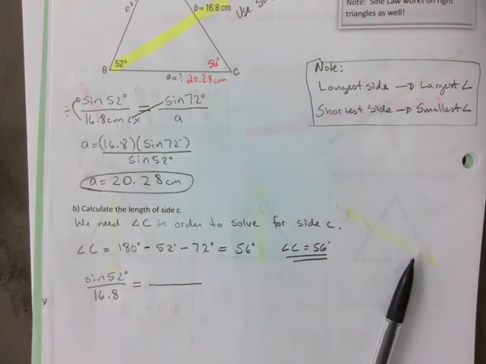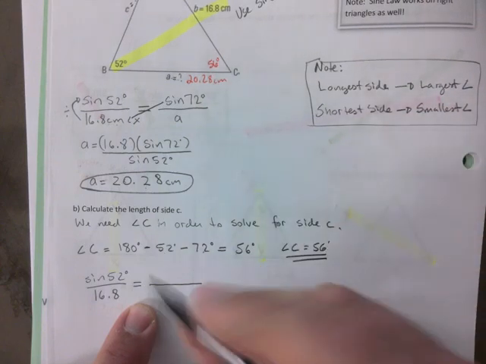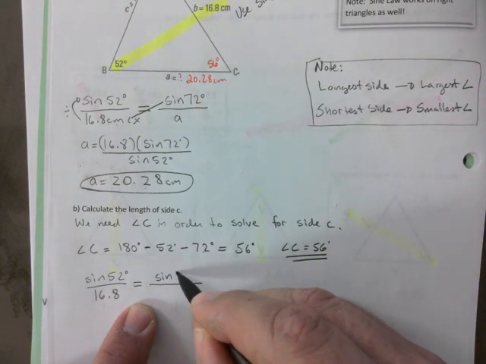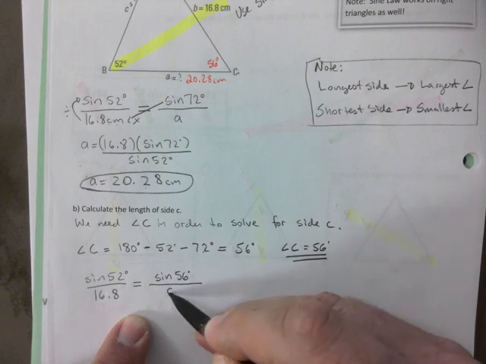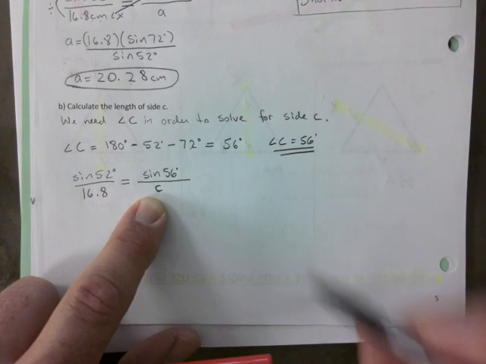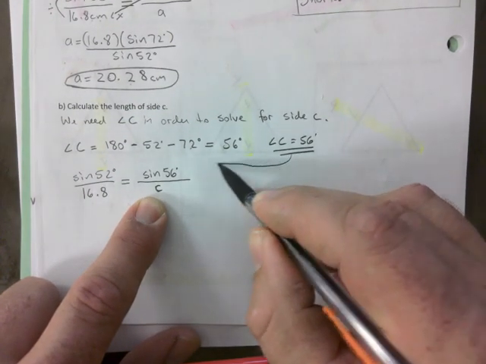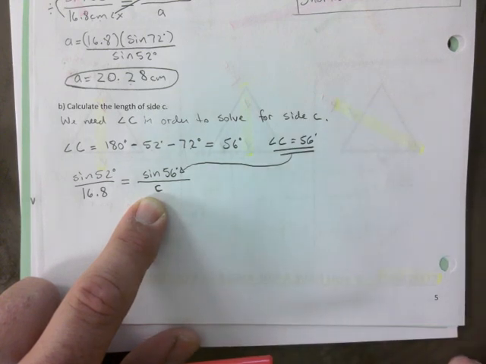Okay, 56 is right there. I can now say, hey, sine of 56 degrees is going to give me the side across from it, which is side C. And I'll put an arrow showing that I did that.